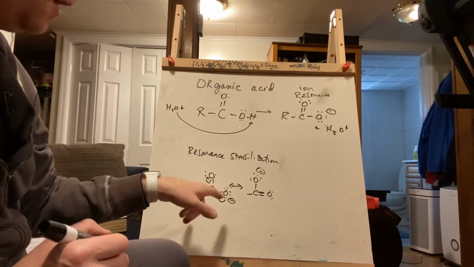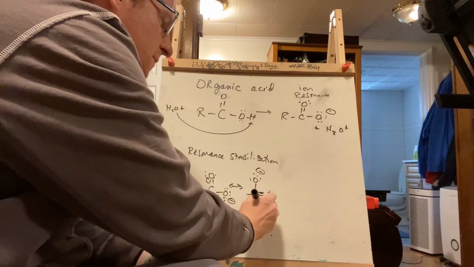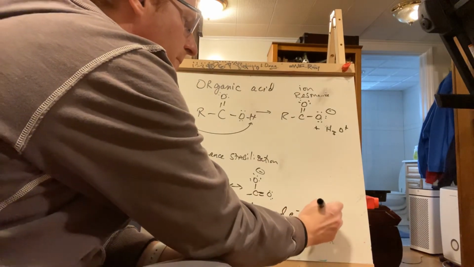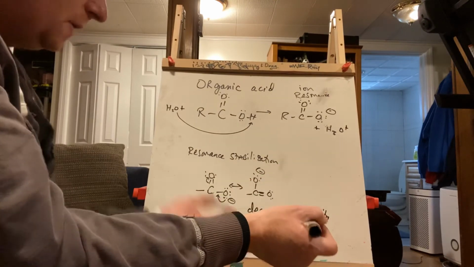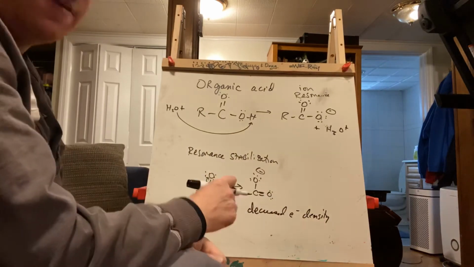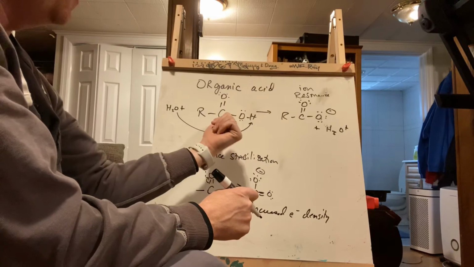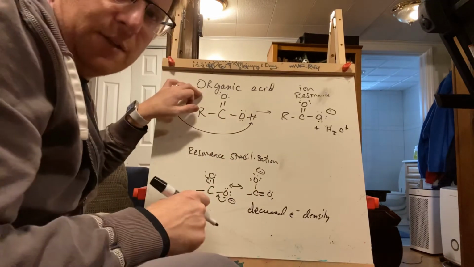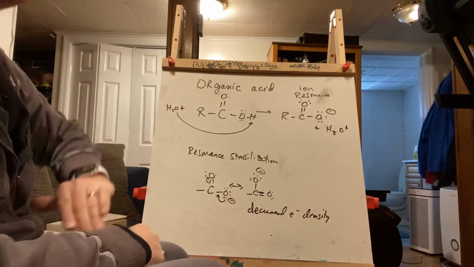And now you've done something kind of fancy. You've decreased the electron density. And by doing that, you make it hard for a hydrogen to attach to somewhere on this leftover negative ion, making it unlikely to go and reform the organic acid. It's not saying that the organic acid is all that strong, it's just that the organic acid even exists.